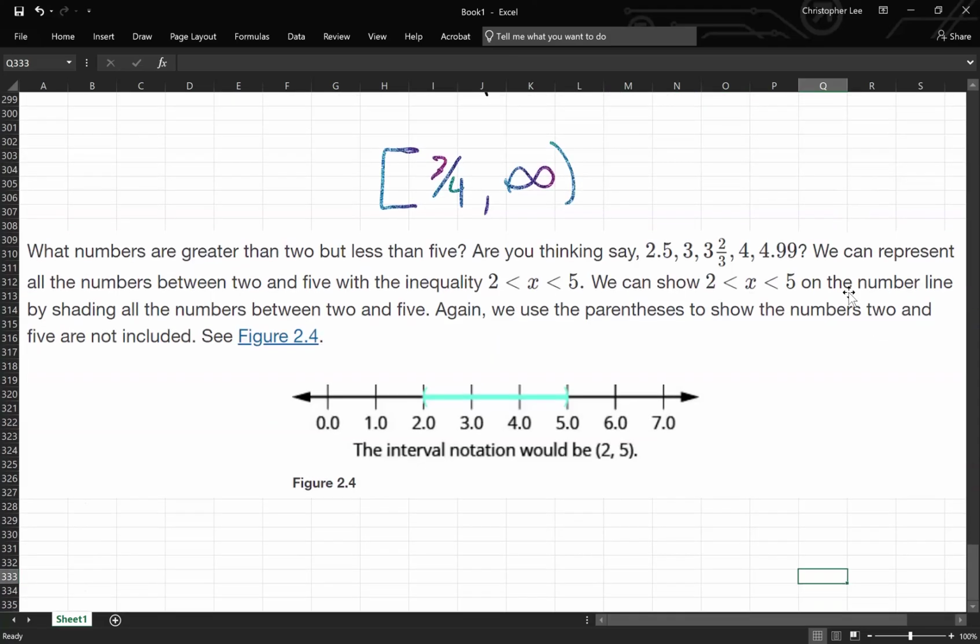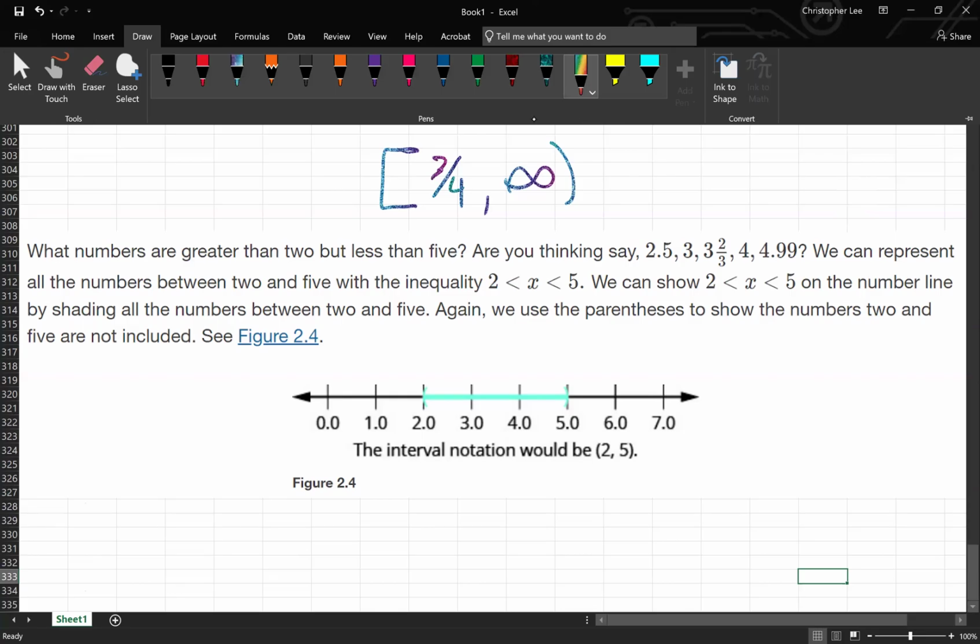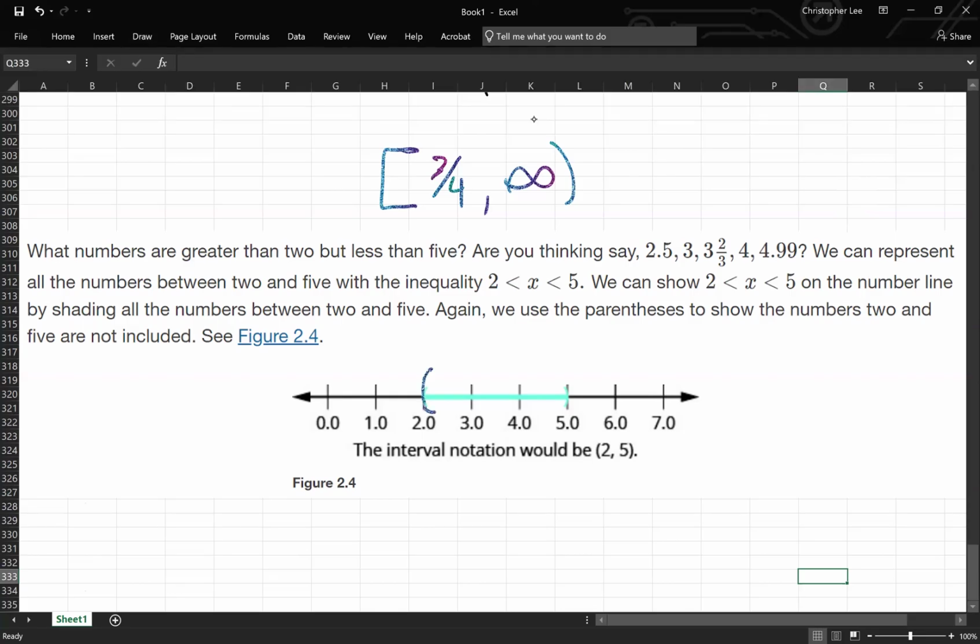So I'm gonna have a parentheses here and a parentheses here, and I'm gonna shade in between. And your interval notation will be open parentheses 2, comma 5, close parentheses. What it means is that I'm talking about all those numbers in between those two numbers.